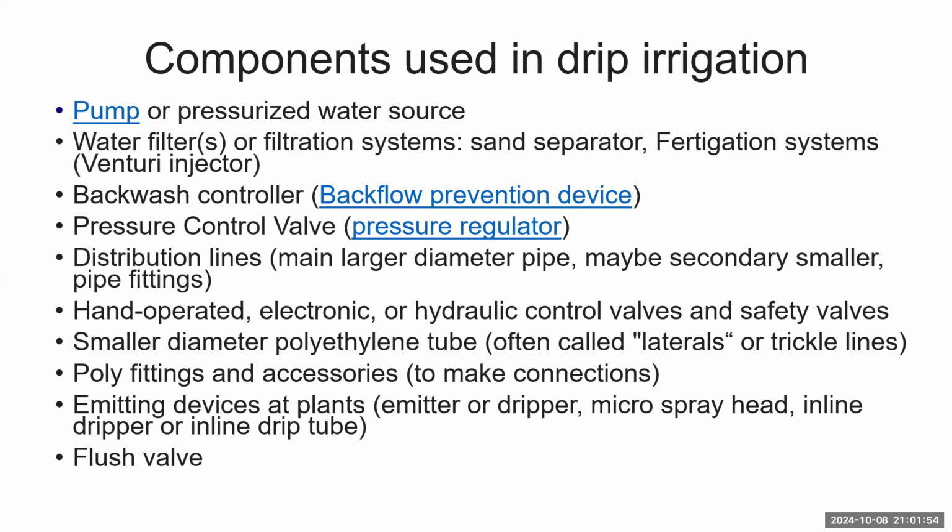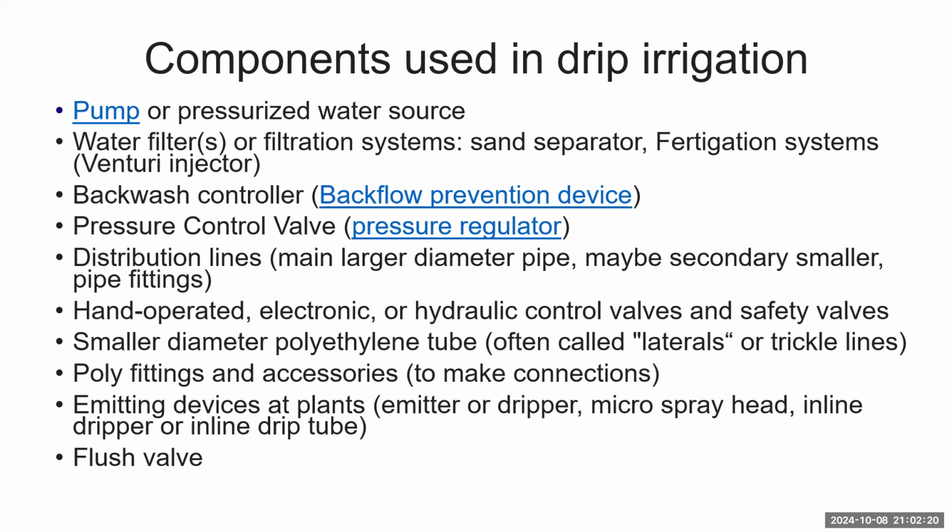There is a pressure control valve in order to maintain the flow and the discharge through the drippers. Then there are the distribution lines: the main larger diameter pipe, then the secondary smaller diameter pipe, and related fittings. Then there are some control valves. They may be hand operated or hydraulically operated in the case of large systems.